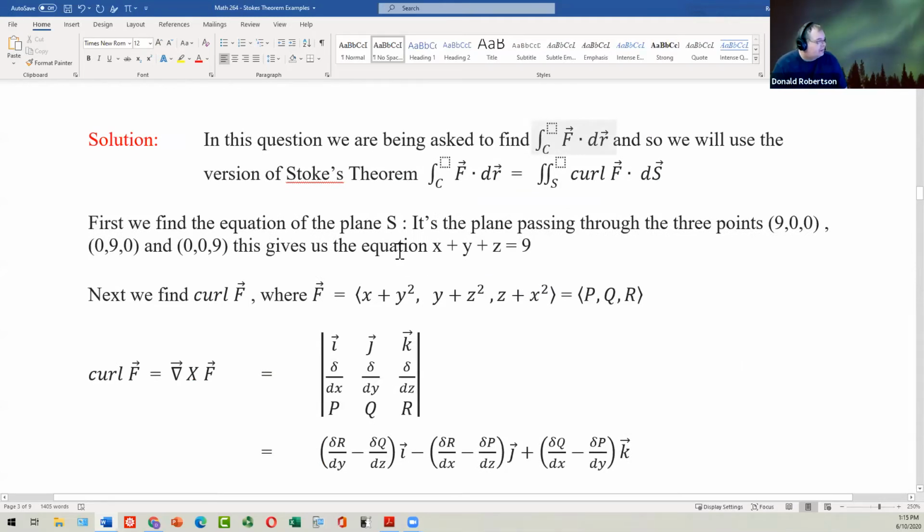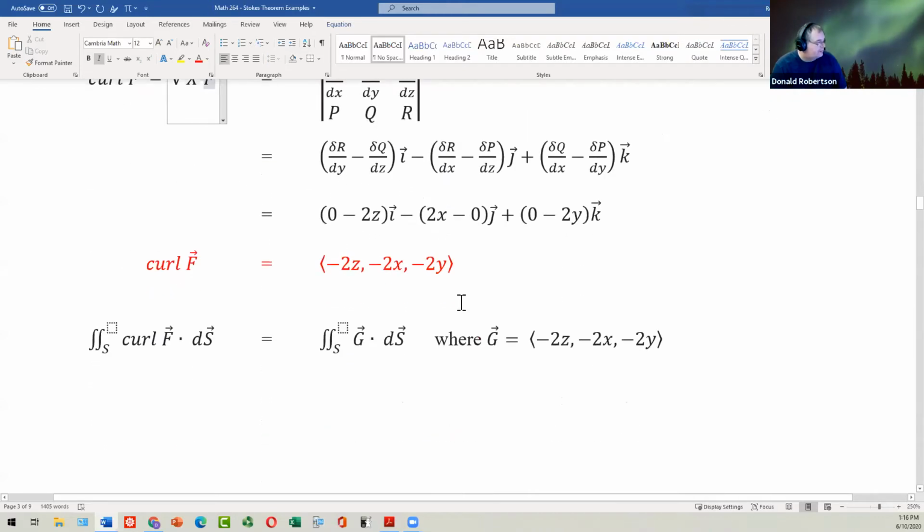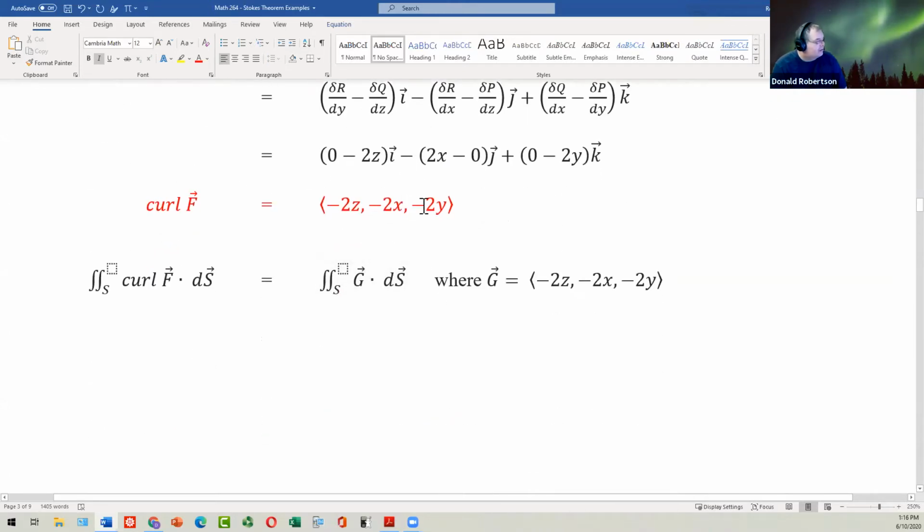We're going to have to find, or be told, hopefully, what the surface S is. We're going to be told F. We're going to find the curl of F. And the answer to the curl of F, we're going to call it G, right? Just as a placeholder.